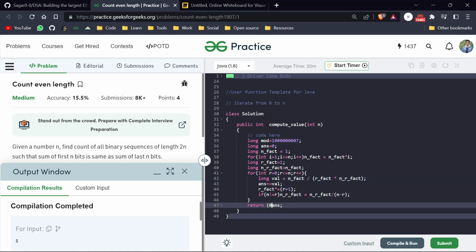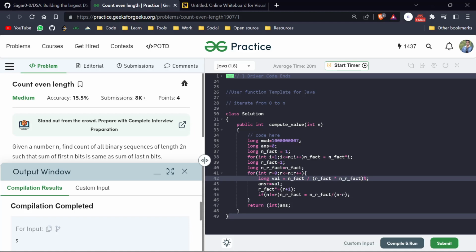And we have to at last return it after typecasting it. Okay, so first of all, when we are multiplying also, we have to check for our modulo property, right? So when we are multiplying, then we have to modulo that value.